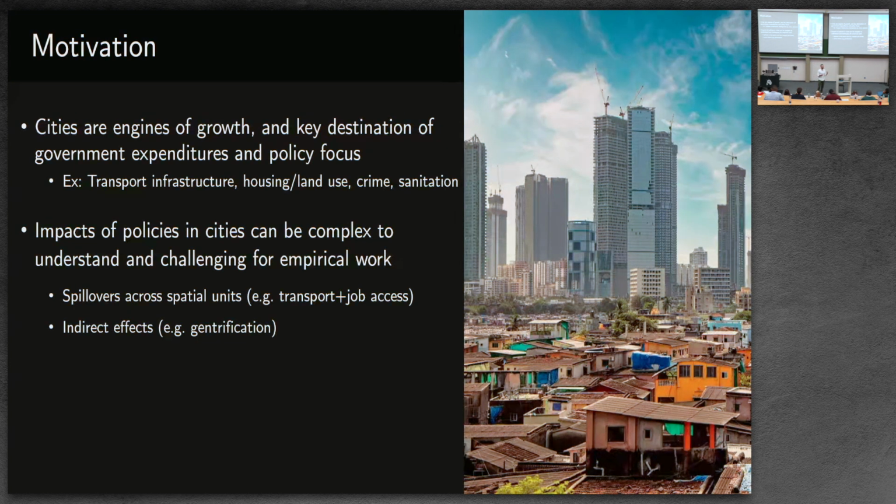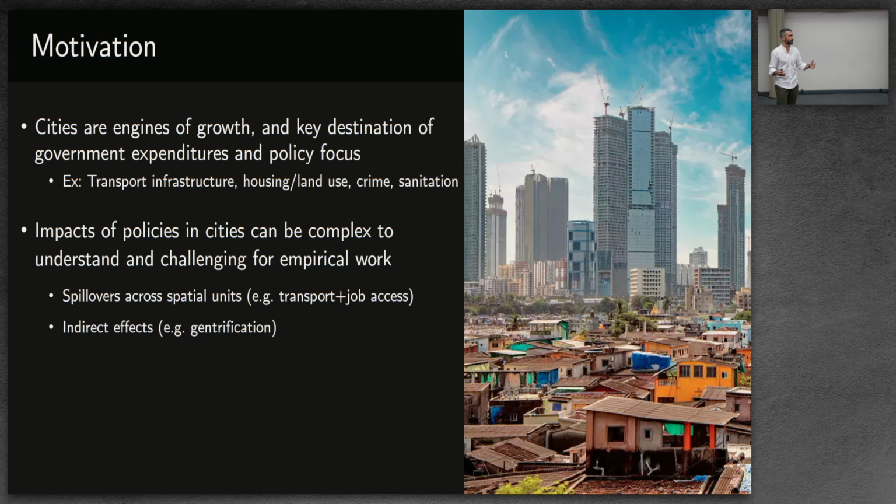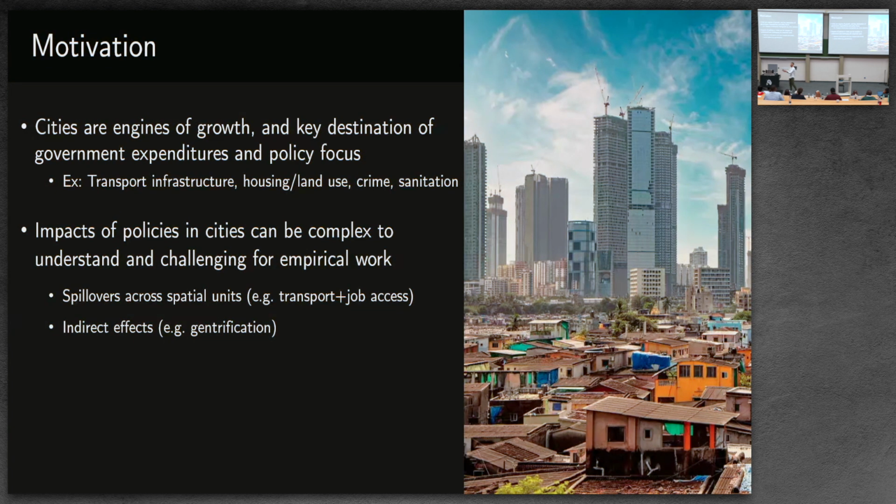Let's suppose that this transport policy leads to a new shopping mall being built at the end of one of these lines. That shopping mall may affect employment opportunities and land prices and a range of economic outcomes for people who live even a kilometer away, who don't even use the new transit system themselves, but maybe they work in one of the stores in the shopping mall.